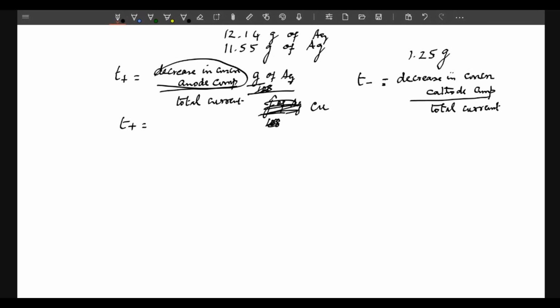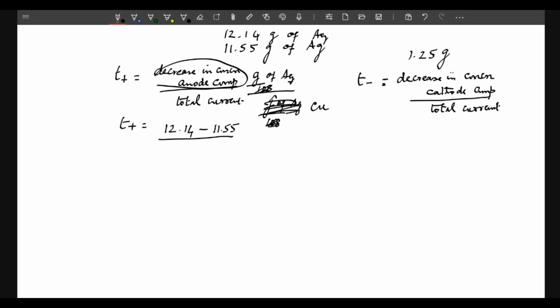Decrease in the concentration of the anode: initially it is 12.14 gram, and after the experiment it is found to be 11.55. The total current passed is obtained from the deposition at the cathode. Sometimes they may give the deposition at the cathode in the same electrolyte, or they may give it in a copper coulometer, so much amount is deposited.